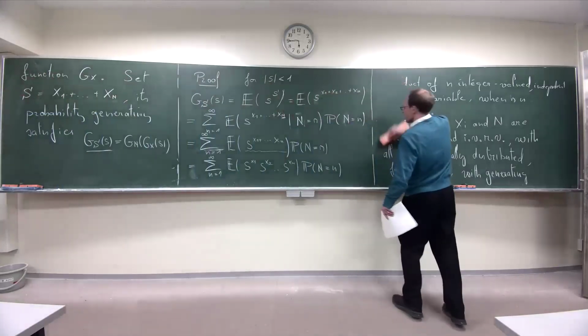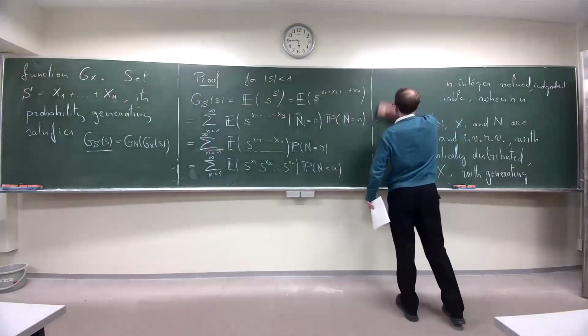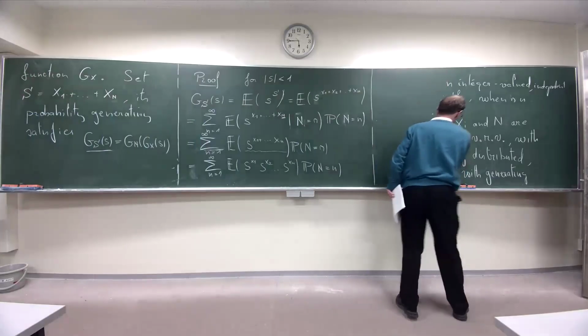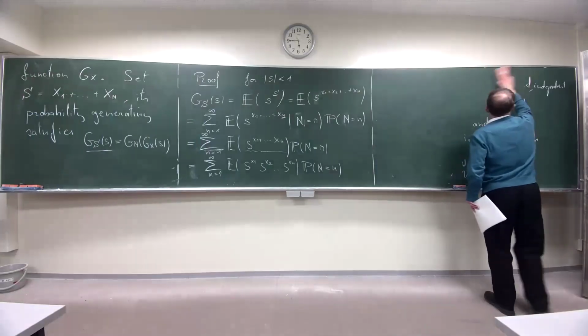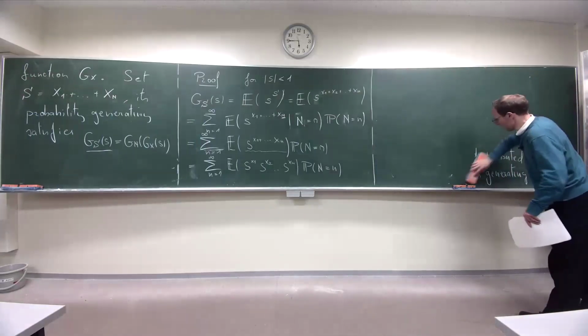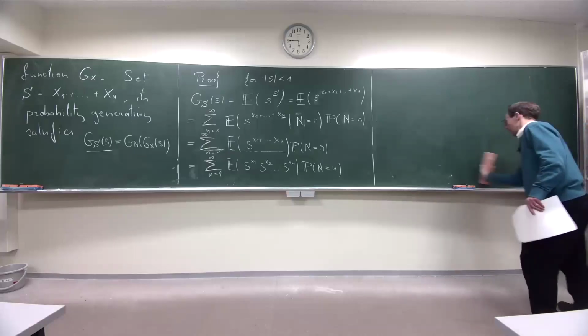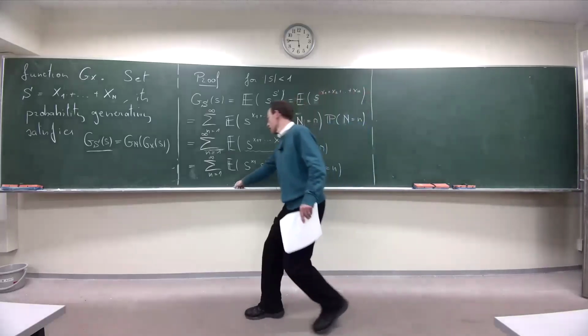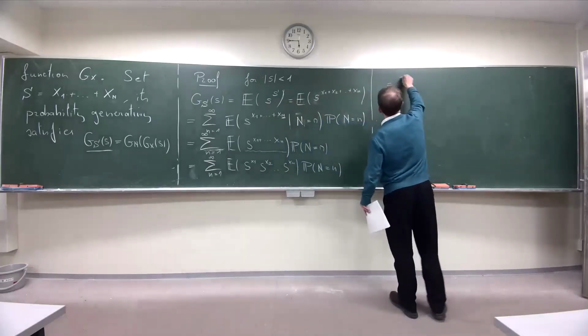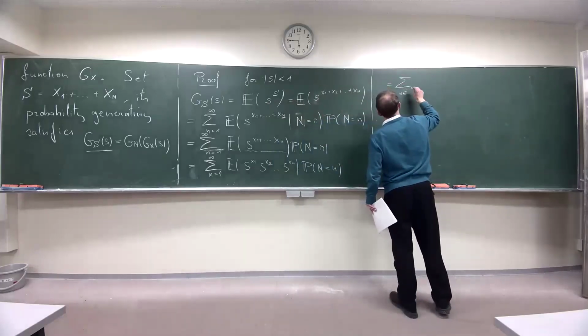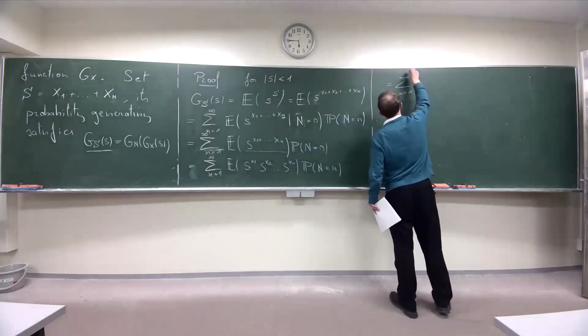But now I'm using the fact that they are independent and all equally distributed. So you have n times the same thing. So let me write, we have still this sum over n from 1 up to infinity.